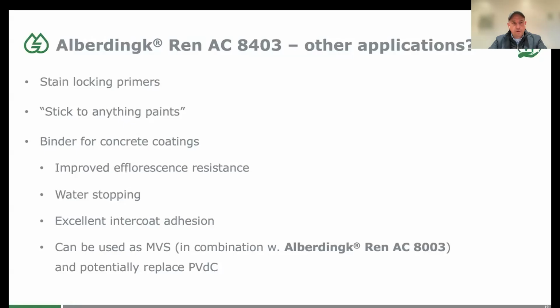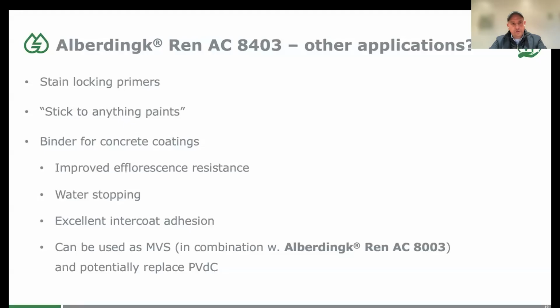And because it's so impermeable, water has little chance to go in between the interface of a substrate and the coating film, which is very often a mode of failure. In theory, you have a good dry adhesion, but when you check the wet adhesion, there is a layer of water going in between the coating film and the actual substrate, and then you can peel off the paint. So with 8403, that's much less of an issue because of the fantastic barrier.